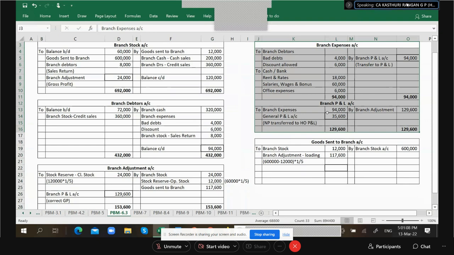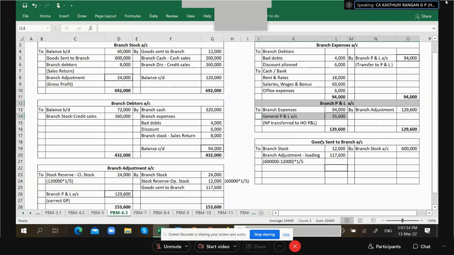So the net profit is actually 35,600. That should be transferred to general P&L or HO P&L. So journal entry for that is what? Branch P&L account debit to general P&L account. Debit branch P&L, credit general P&L. Transfer of net profit to HO P&L. Over. That's all.